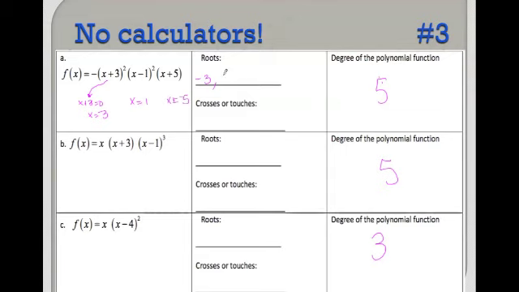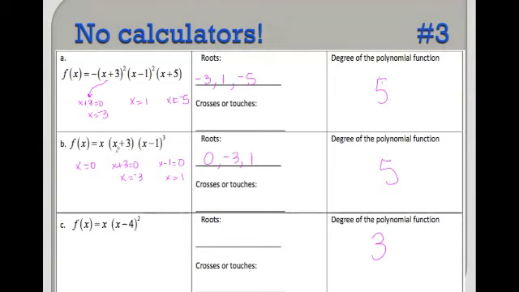So my roots are negative 3, 1, and negative 5. For b, my roots are x equals 0, x plus 3 equals 0, x minus 1 equals 0. So my roots are 0, negative 3, and 1.